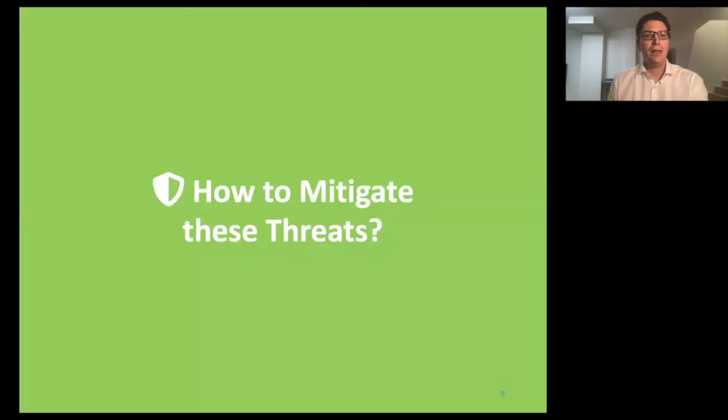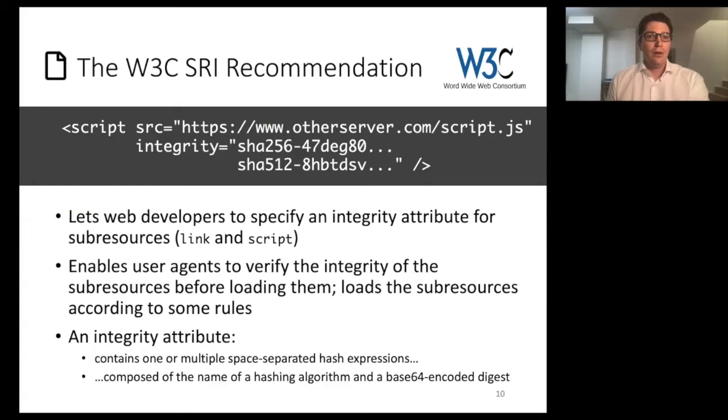So how to mitigate these threats? The SRI recommendation, sub-resource integrity recommendation from the W3C comes to the rescue. This recommendation lets web developers specify an integrity attribute for sub-resources. So this is this attribute here. And this attribute enables user agents to verify the integrity of the sub-resource before loading it.